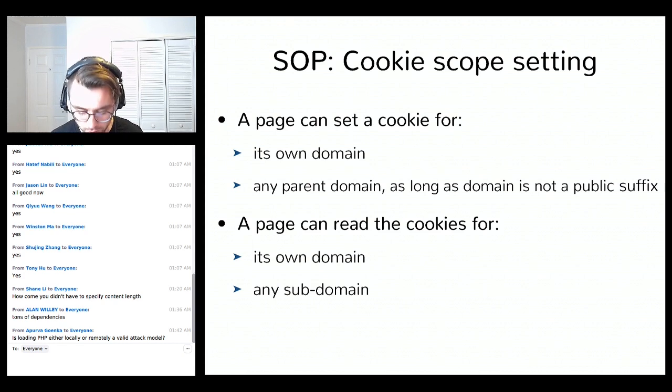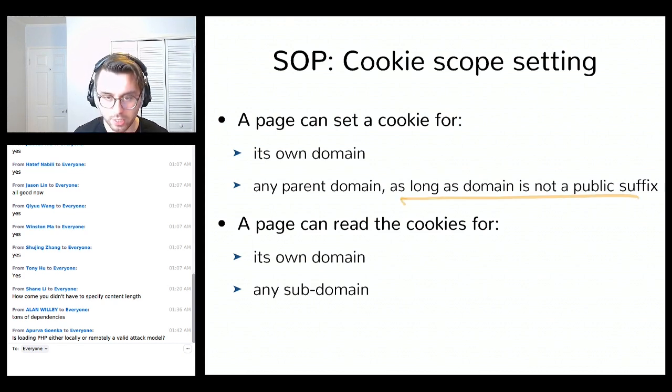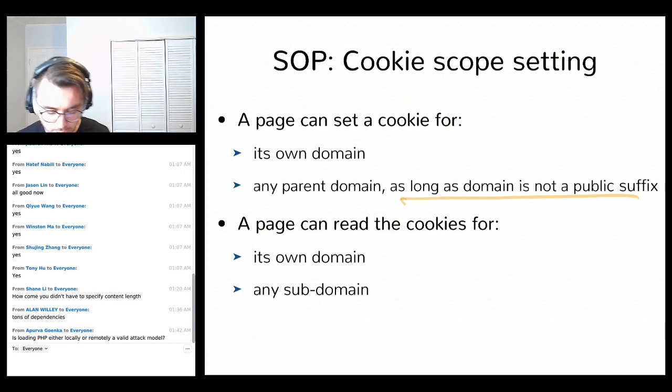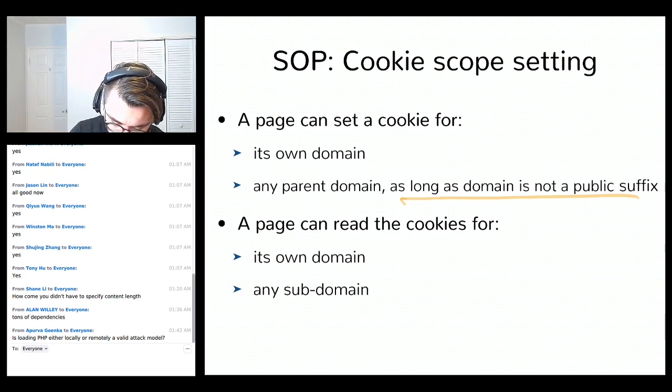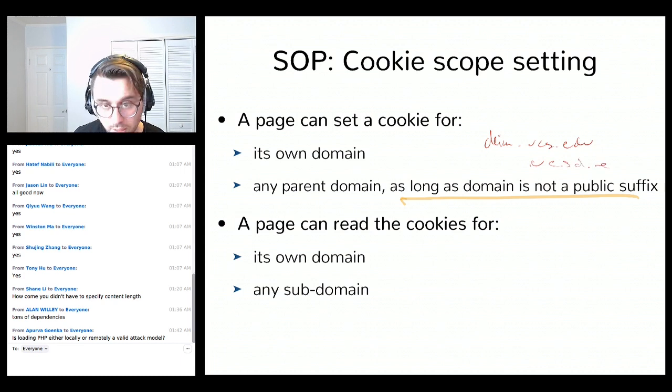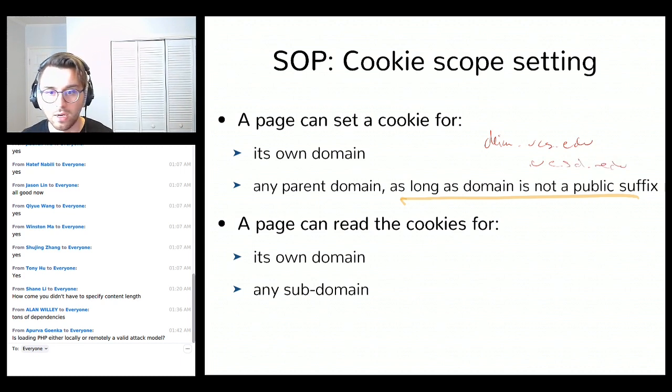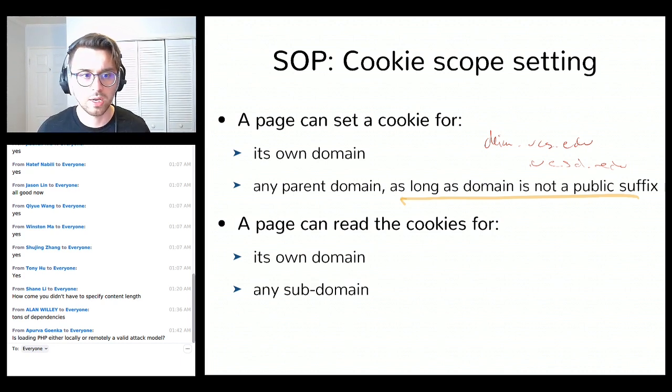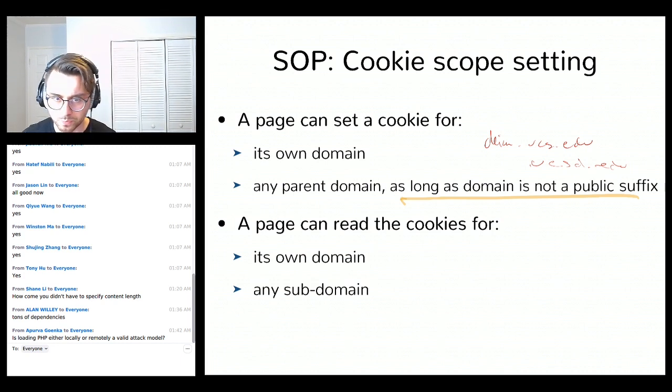We'll find out what this second part means, but at least the first part is already kind of creepy, because it means dayon.ucsd.edu can set cookies for ucsd.edu. Sorry about the writing. It's atrocious, but I hope the audio track makes up for it.